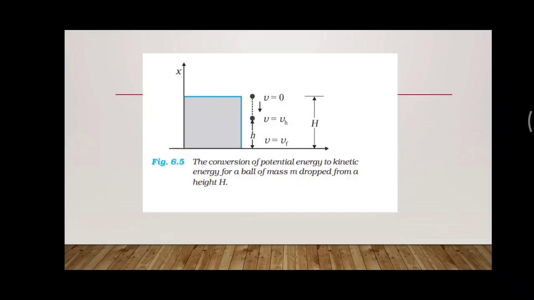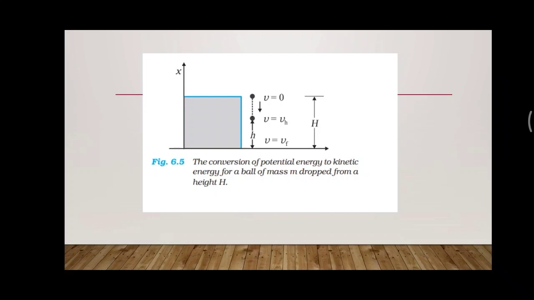Now let us consider the conservation of potential energy to kinetic energy for a ball of mass m dropped from a height H. So observe the figure. You can see the initial velocity is v0. In between, you are considering a point that is small h distance from the ground, where the velocity of the ball is v equal to v h, and capital H is the initial height.